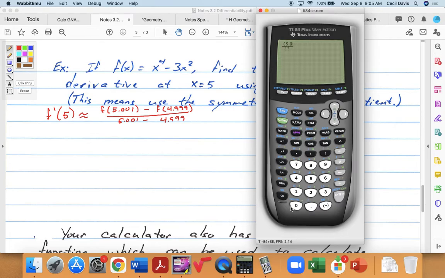It doesn't really matter. 5.001 raised to the fourth minus 3 times 5.001 squared minus 4.999 raised to the fourth minus 3 times 4.999 squared, all over 5.001 minus 4.999.